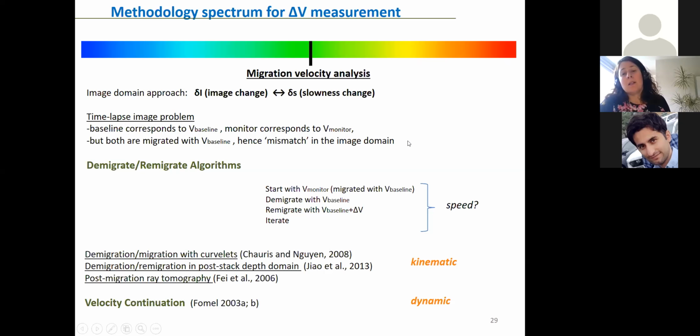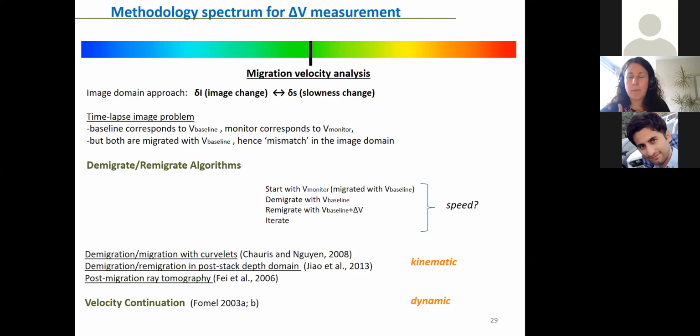Okay. So I mentioned in theory, we can start with this monitor data set which has been migrated with V baseline. We can demigrate it with this baseline velocity, and this is essentially undoing the bad processing, and then remigrate it with different delta V's until the baseline and monitor match in the image domain.